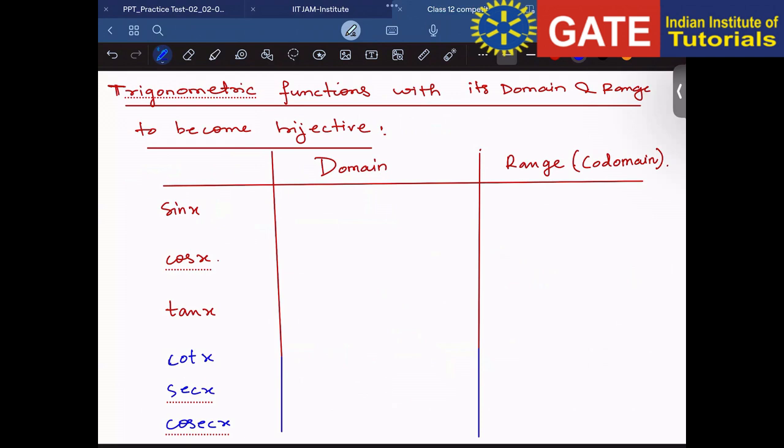What should be the domain of sin x for it to become bijective? And what should be the range?